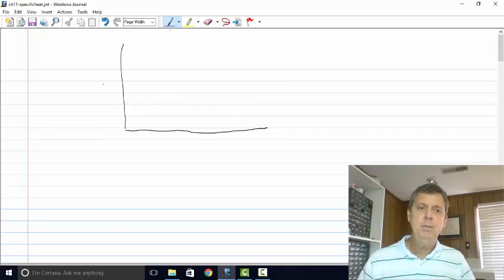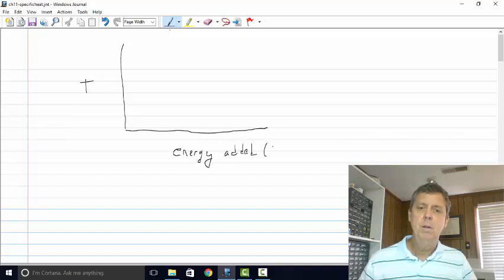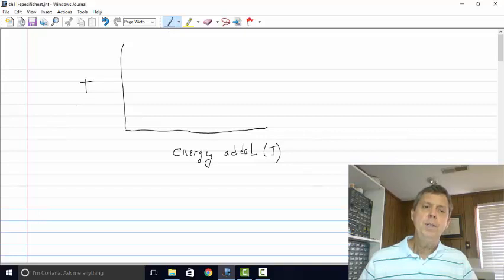So if we take a basic curve, we have temperature, using degrees centigrade, and down here, energy in joules. Think about energy added in joules. We always start in the solid phase. As you add energy, the temperature increases constantly if you add a constant amount of energy until we get to the melting point.